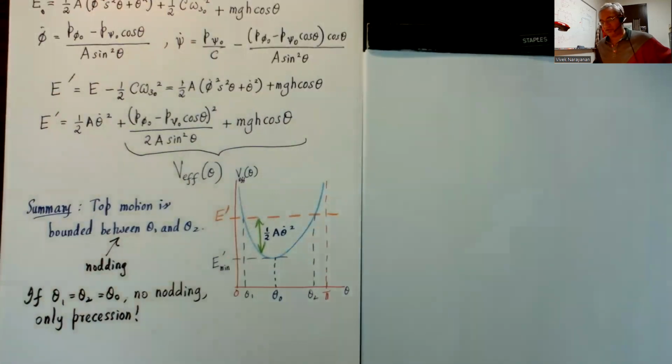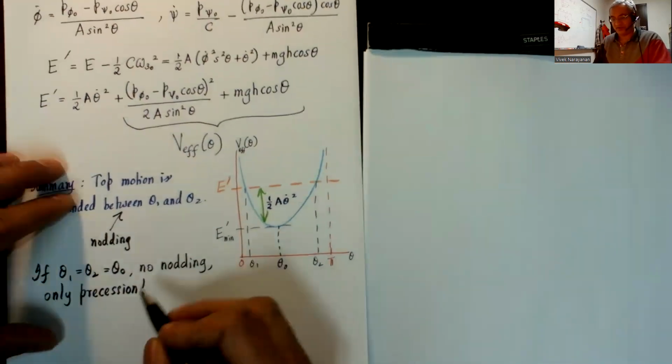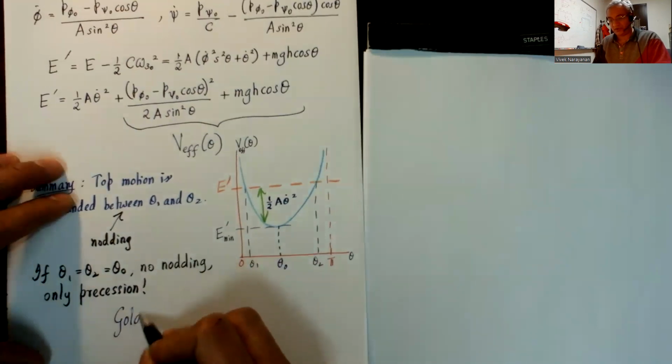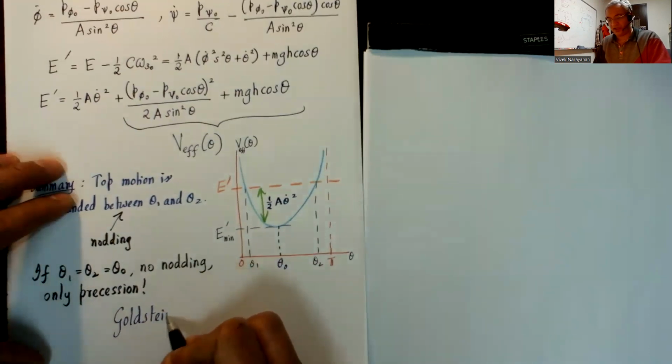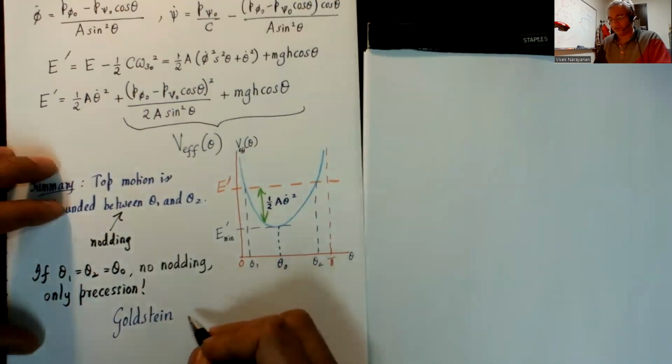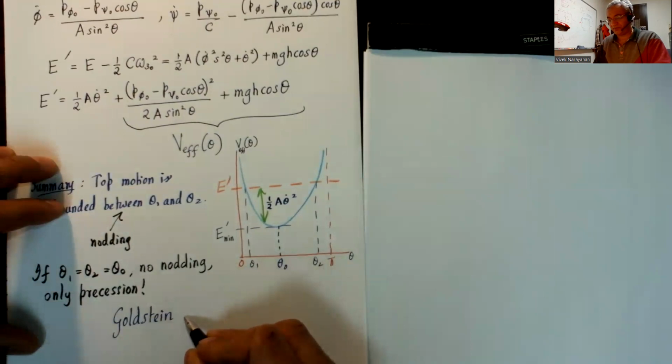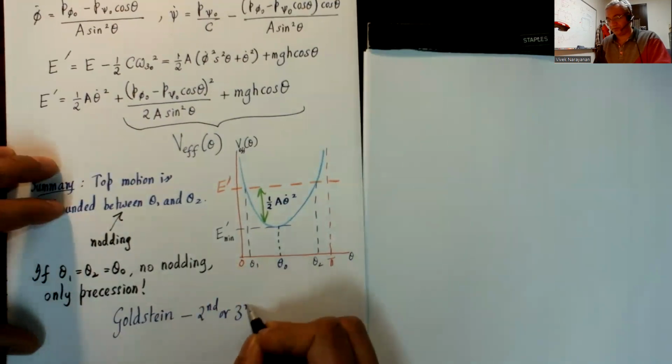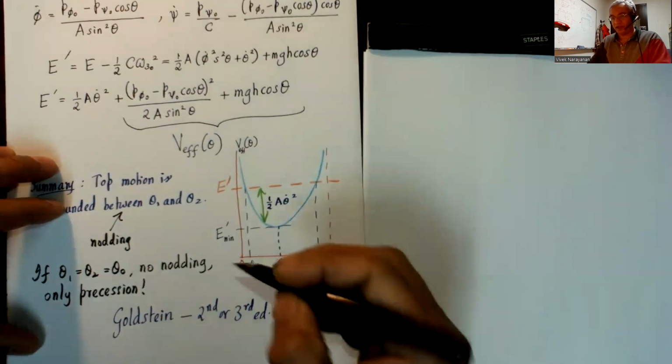See, for example, Goldstein. So I'll write a reference here. Goldstein is now with two other authors, but I'll just write it as Goldstein, second or third edition, for the nodding behavior.